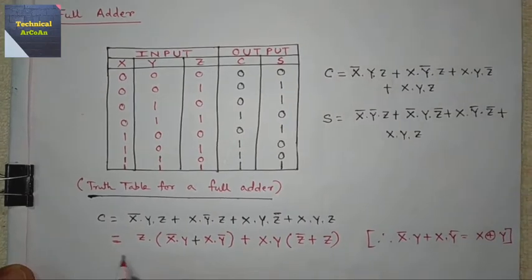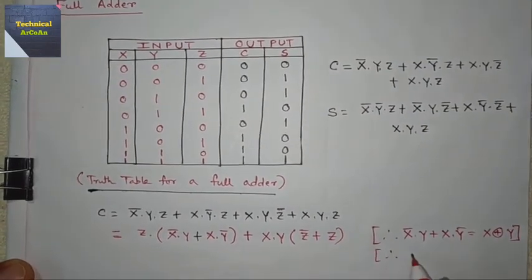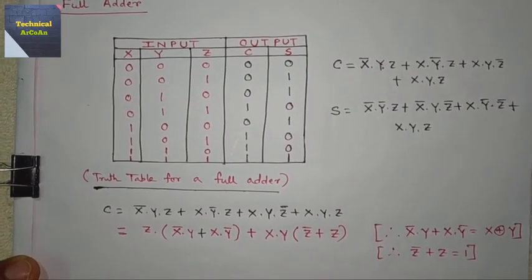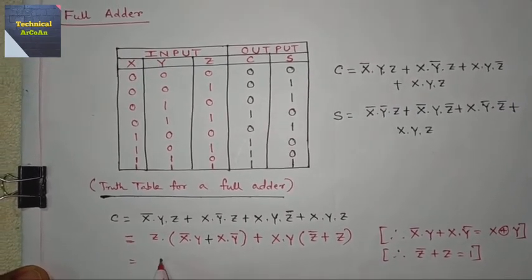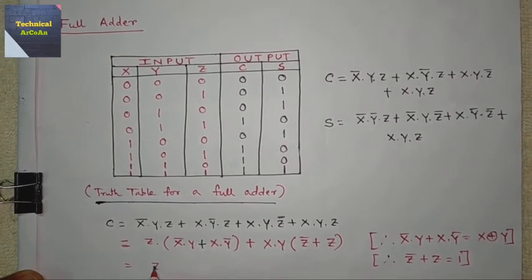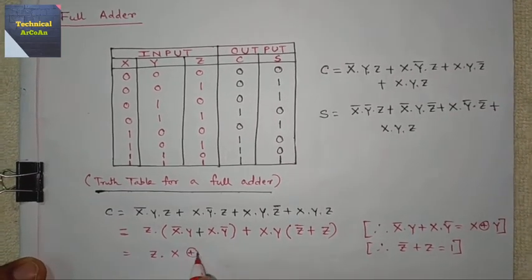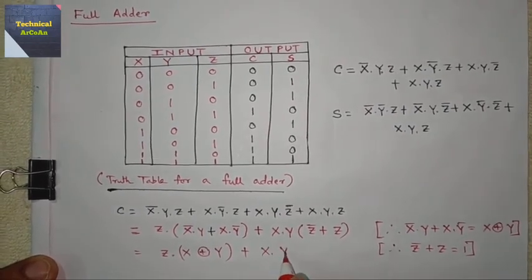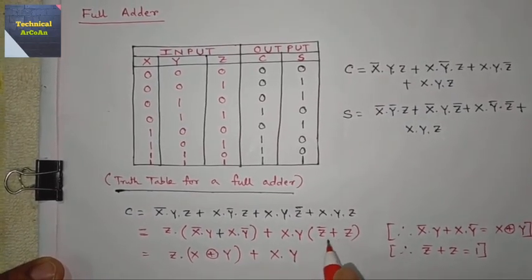And z complement plus z is equal to 1. So that's why we write here z dot (x XOR y), and in that case we just write x dot y. Why? Because this part will be 1.